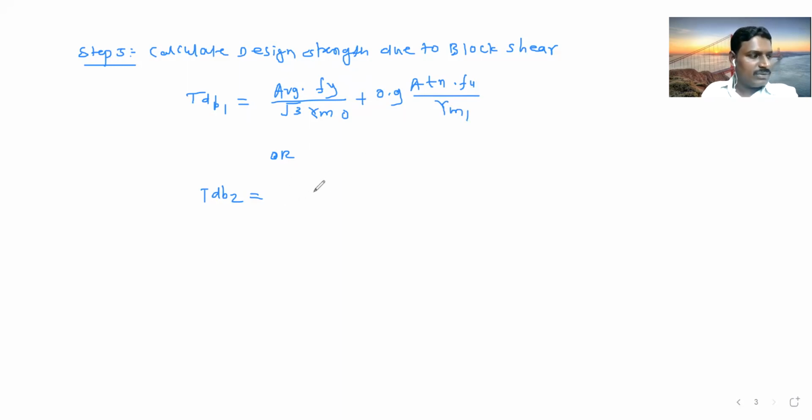And the second design strength due to block shear is 0.9 AVN into Fu divided by root 3 gamma m1 plus ATG into Fy divided by gamma m naught.